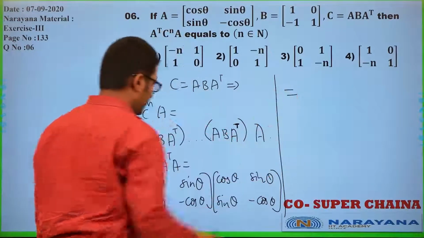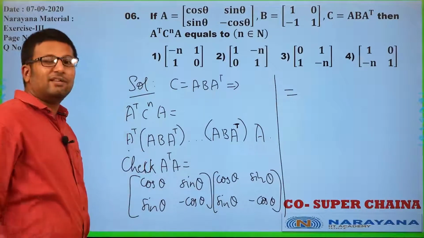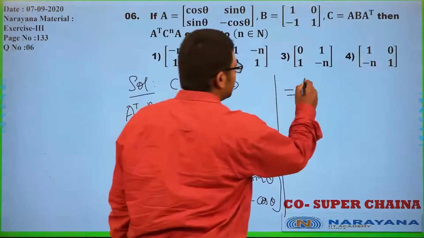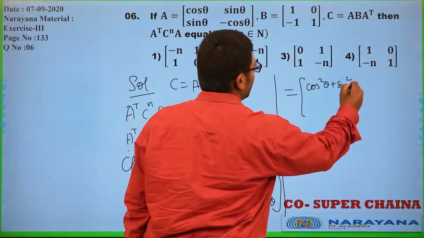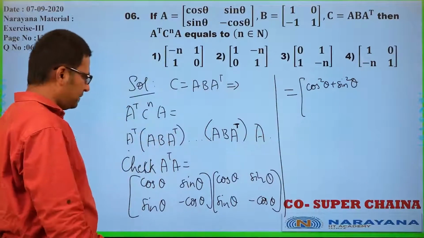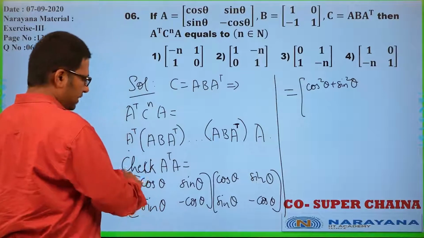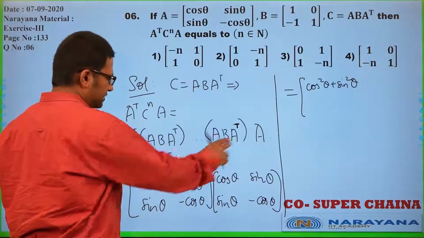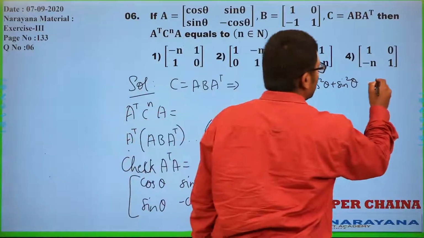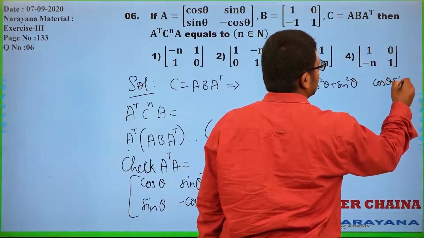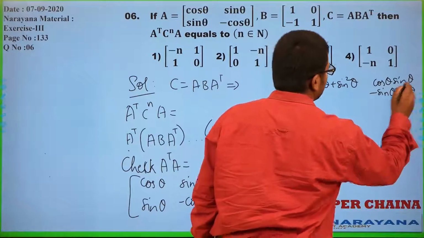So let us multiply: cos square theta plus sin square theta, which is 1, right? Then the first row, second column: cos theta sin theta minus sin theta cos theta.